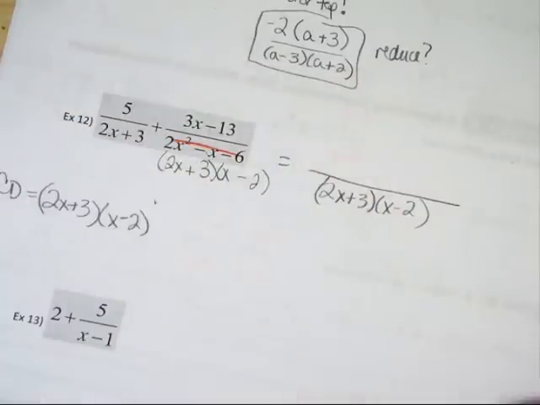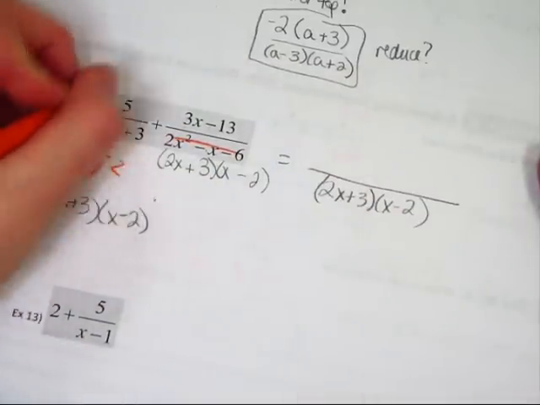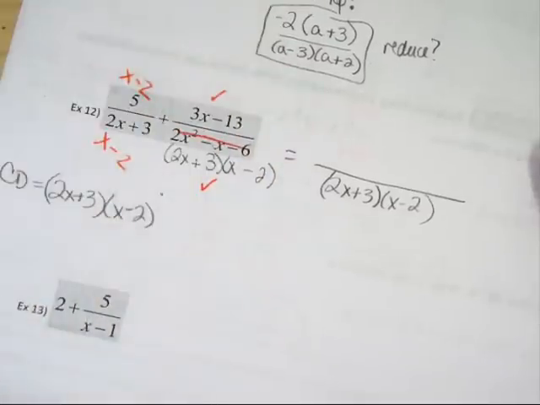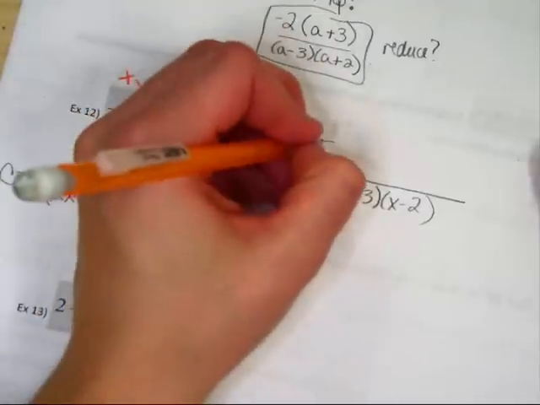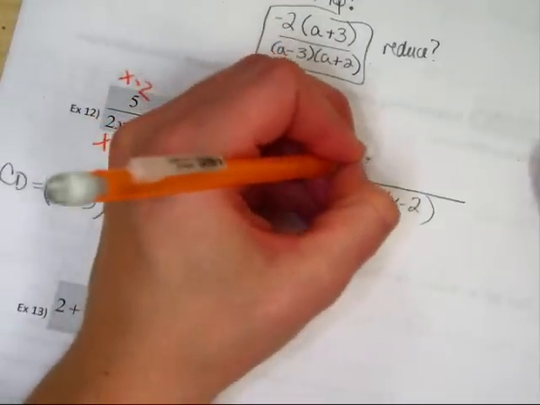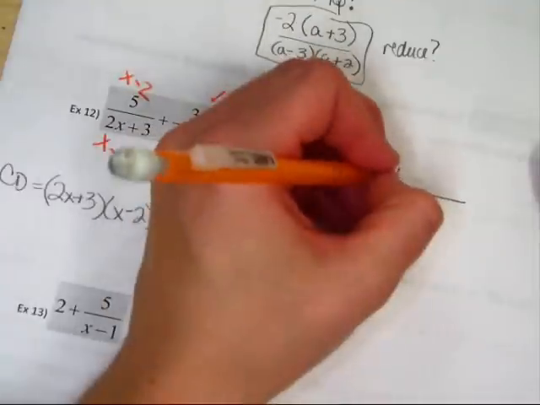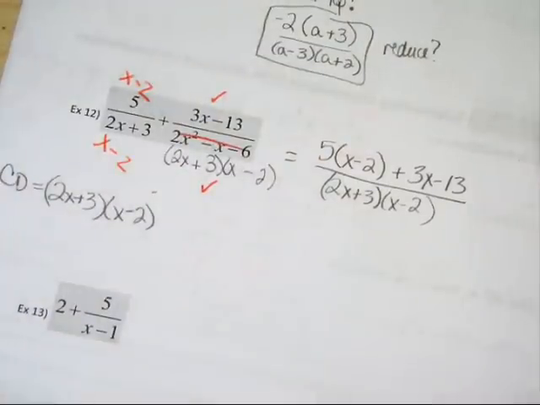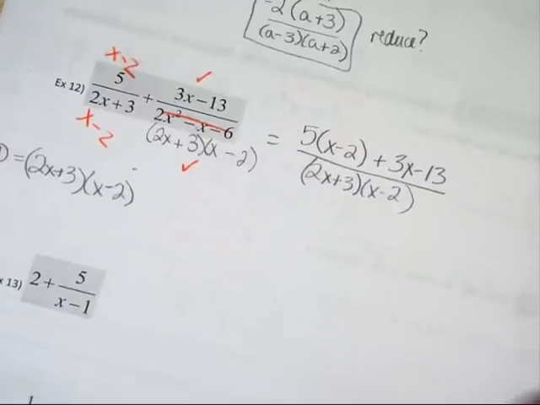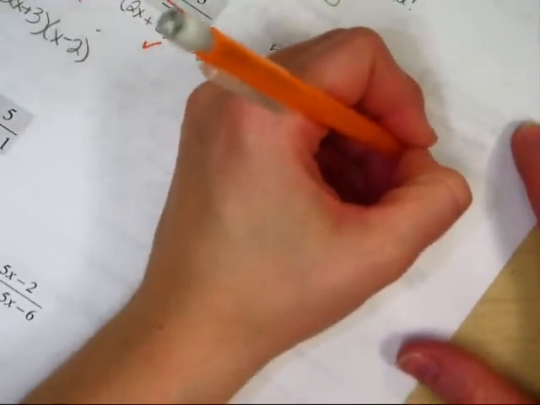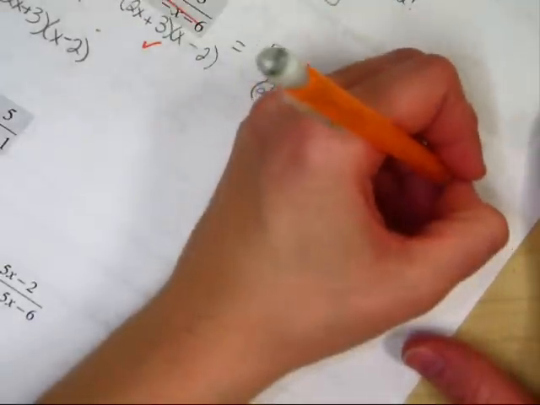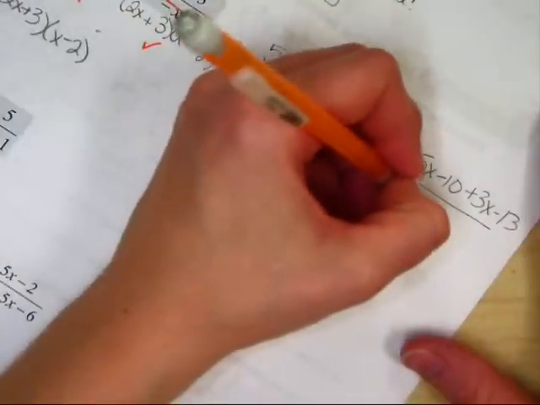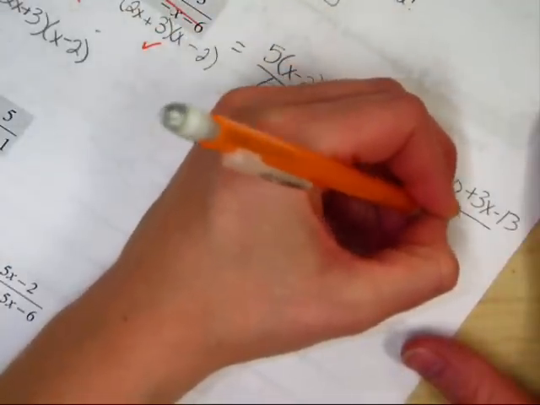Now we need to see what's missing. This is missing an x minus 2, so the top's missing an x minus 2. This one has both, therefore the top doesn't need anything. This is 5 times the quantity x minus 2 plus 3x minus 13. No need for parentheses because I don't have to distribute anything in. So I get 5x minus 10 plus 3x minus 13 over my common denominator, 2x plus 3, x minus 2.